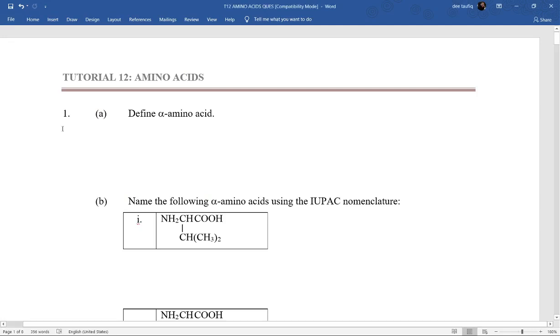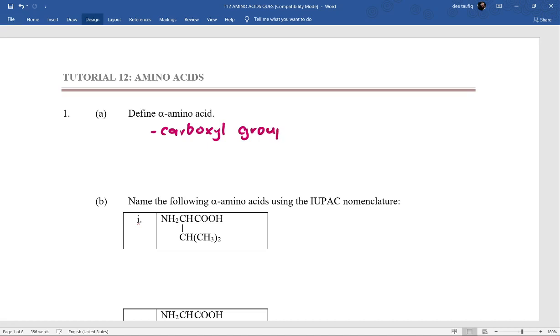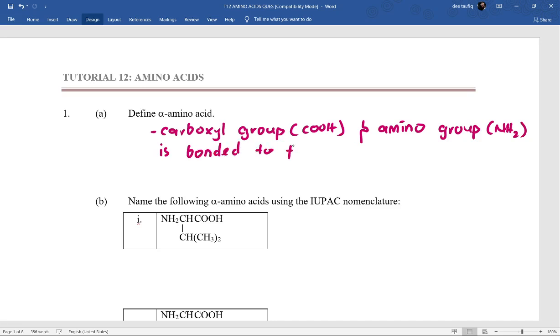The first one is to define alpha amino acids. So for alpha amino acid, this basically means our carboxyl group, which is our COOH, and our amino group, NH2, is bonded to the same carbon.